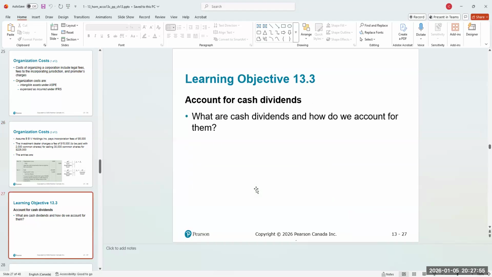Cash dividend. Let's see what's going to happen with the cash dividend. Before we see this, do you want to have a break? Yes. Okay, let's take a break then. How long a break do you want? I was thinking like 7 minutes.